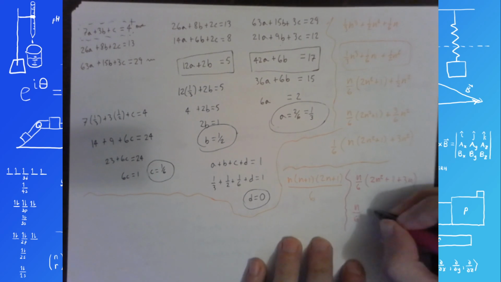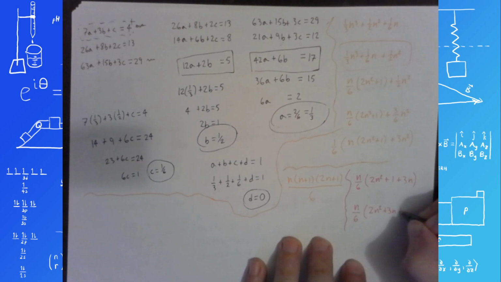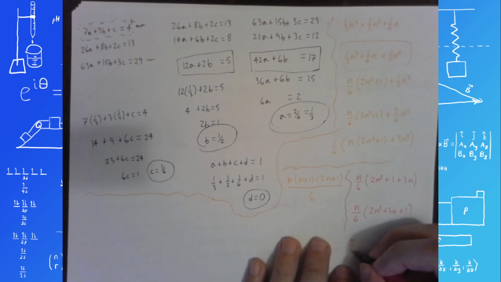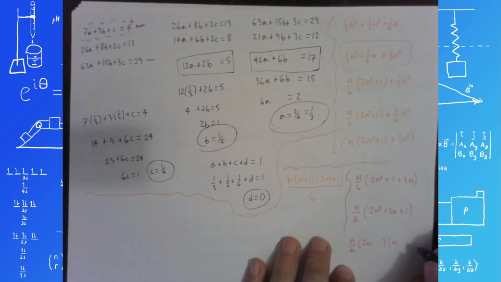n over 6 times 2n squared. I'm going to rewrite it as plus 3n plus 1. And if I factor this, n over 6 times, let's see, this is going to be 2n and something, and then n plus something else.